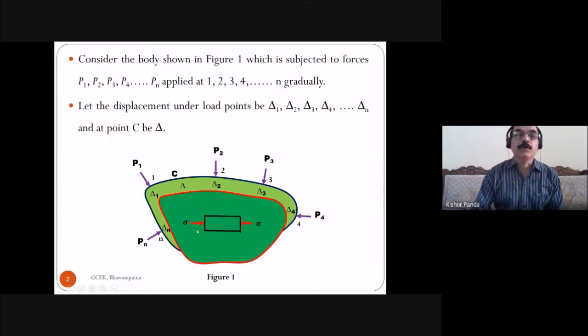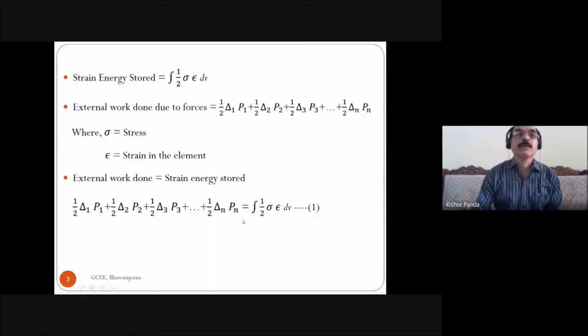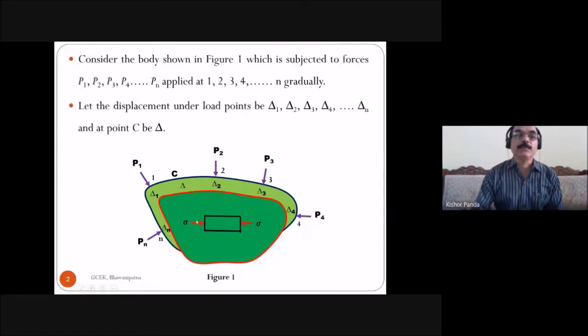In this body, due to the system of external forces P1, P2, P3, P4, Pn, the stress produced in the element is sigma, and the strain in the element is epsilon.